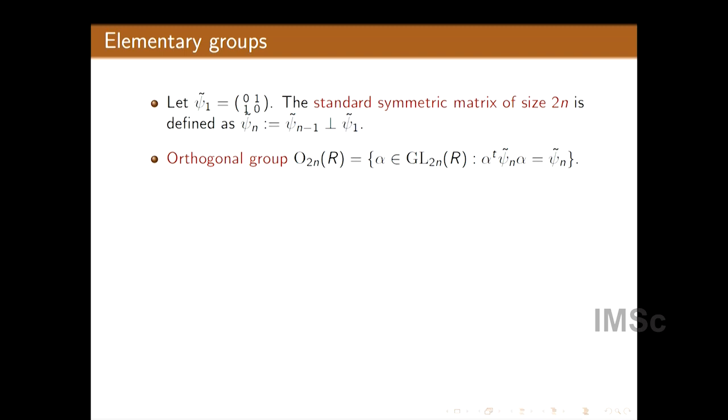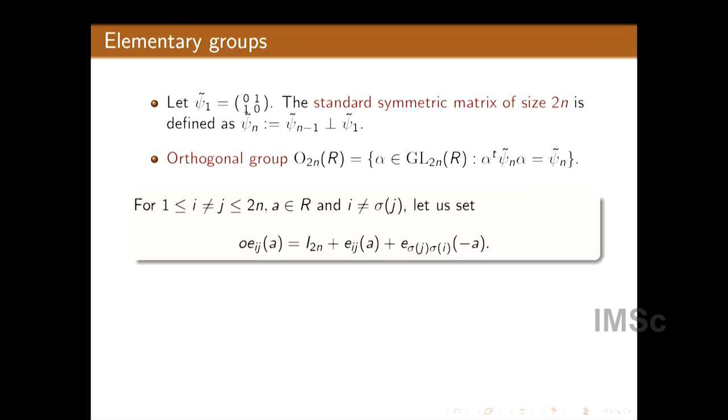Although the equation looks quite similar to the previous one, the generators are quite different. So here the generators we denote by OEIJA, where I is always different from J and A is an element of the ring.